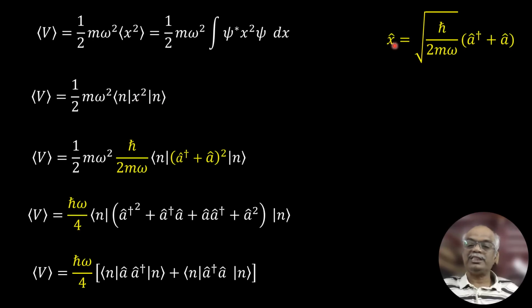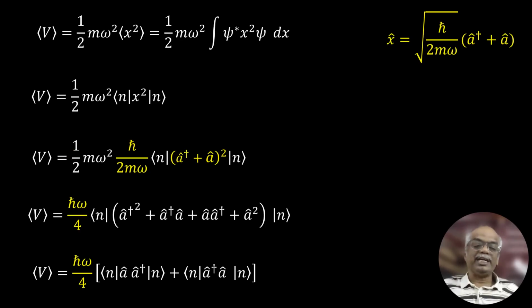Just now we have seen x is equal to square root of h cross over 2 m omega times (a dagger plus a). So you replace this x squared by this operator, which is equal to h cross over 2 m omega. I am taking that constant outside. Then the operator (a dagger plus a) whole squared.